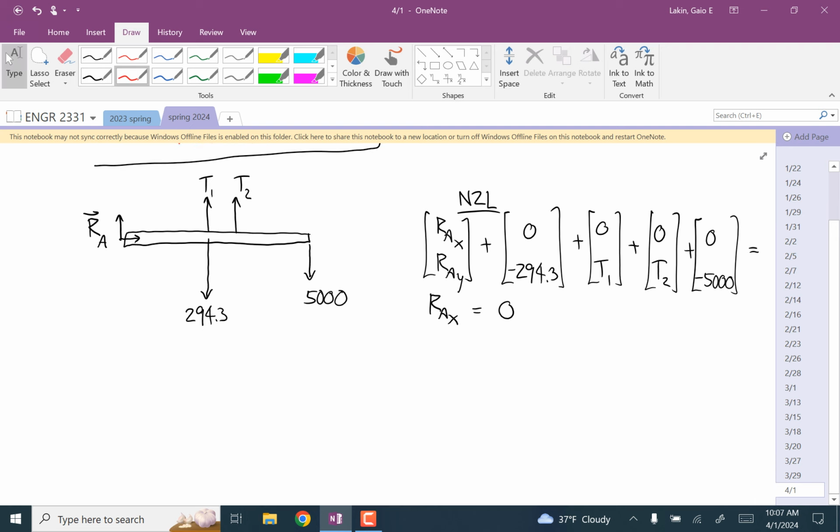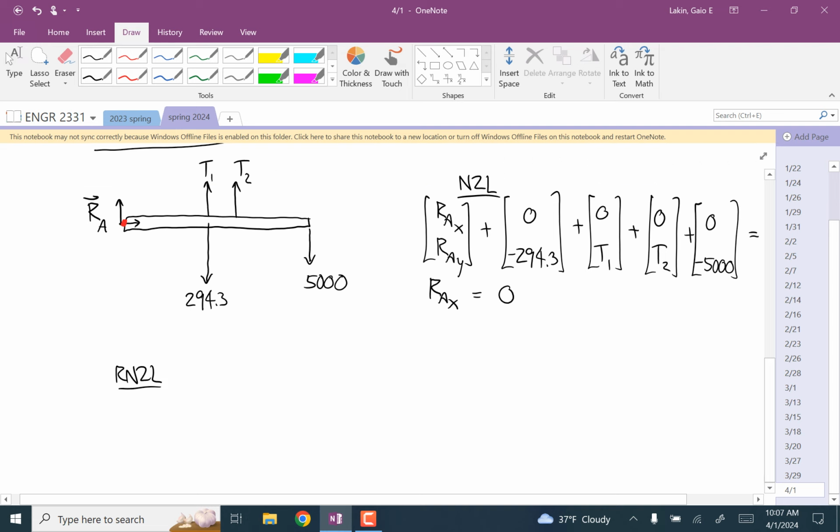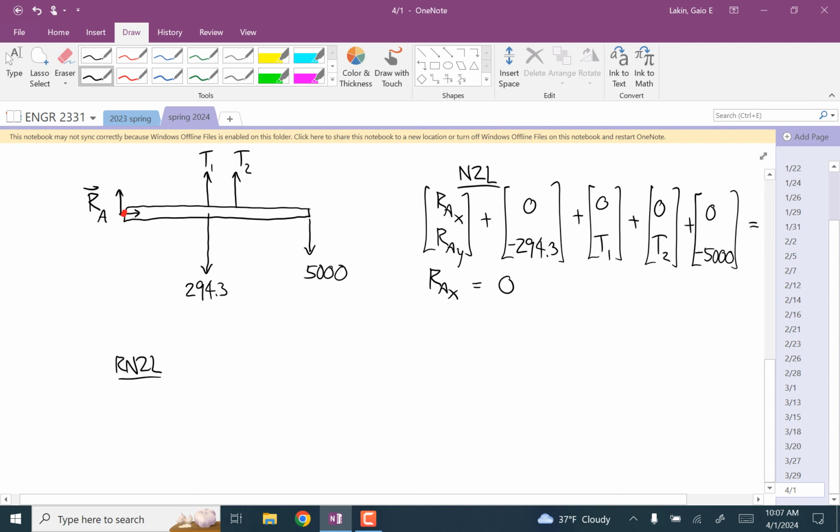And then the moment equation, I guess I'm going to use this as the about point. We have a counterclockwise moment of 0.5 T1, a clockwise moment of 0.5 times 294.3, so that is minus 196.2.